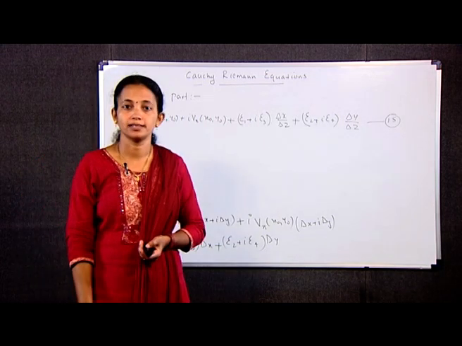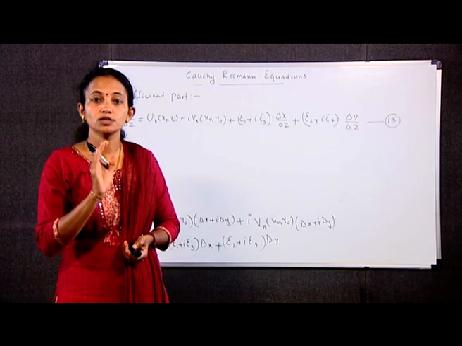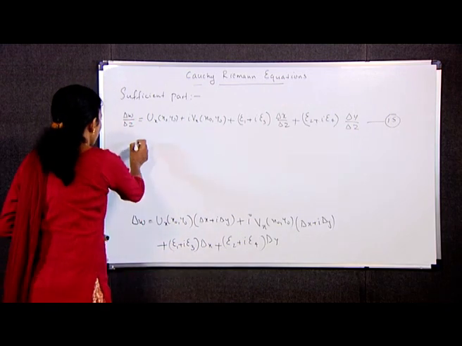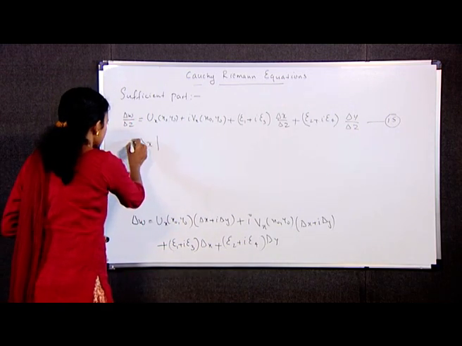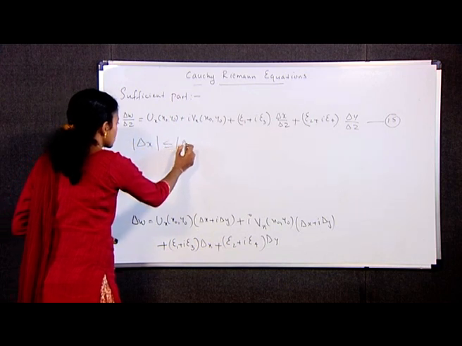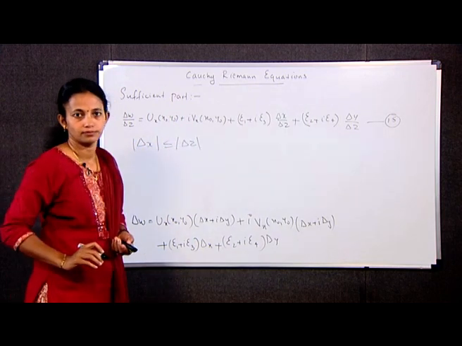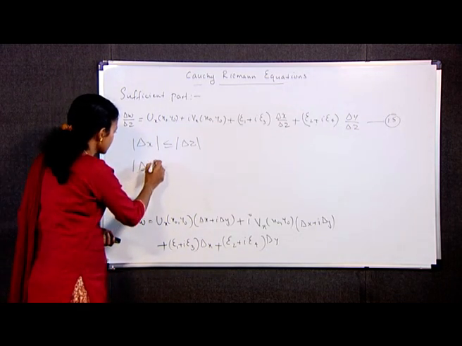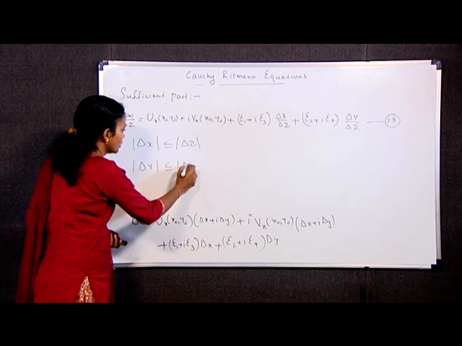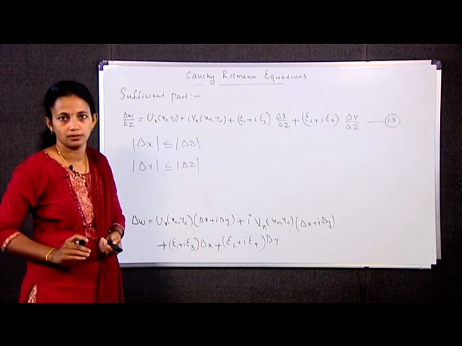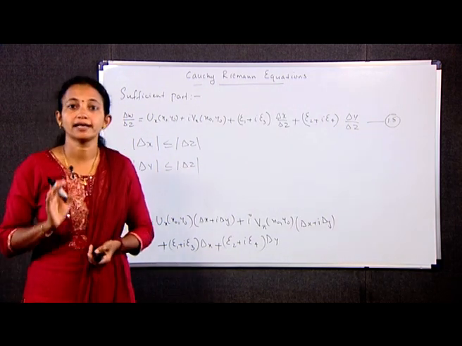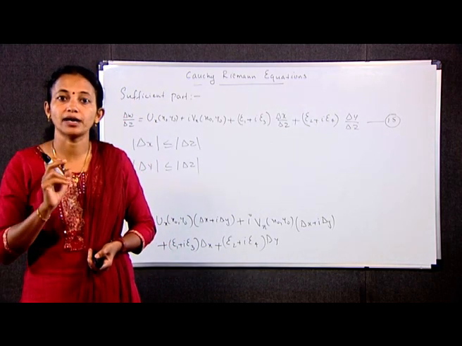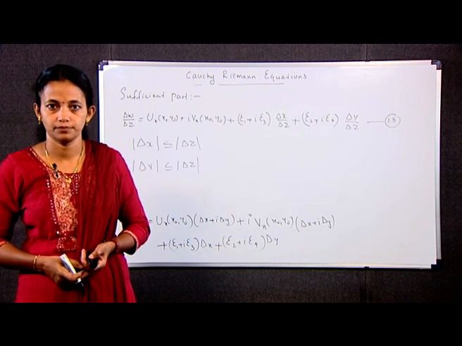Now noting that modulus of delta x is less than or equal to modulus of delta z, and also modulus of delta y is less than or equal to modulus of delta z, we have mod delta x by delta z less than or equal to 1 and mod delta y by delta z less than or equal to 1.